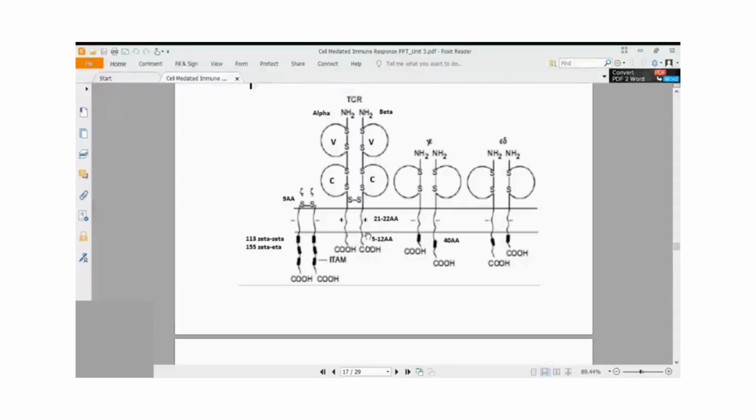Because of the short chain of the domain, this receptor TCR by itself is not capable of stimulating the T cell, and the signal 1 that is initiated by the TCR needs some assistance, and that assistance comes from the CD3 receptors, that is, co-receptors. Therefore, for T cell activation, it is always the T cell receptor complex that brings about the activation.